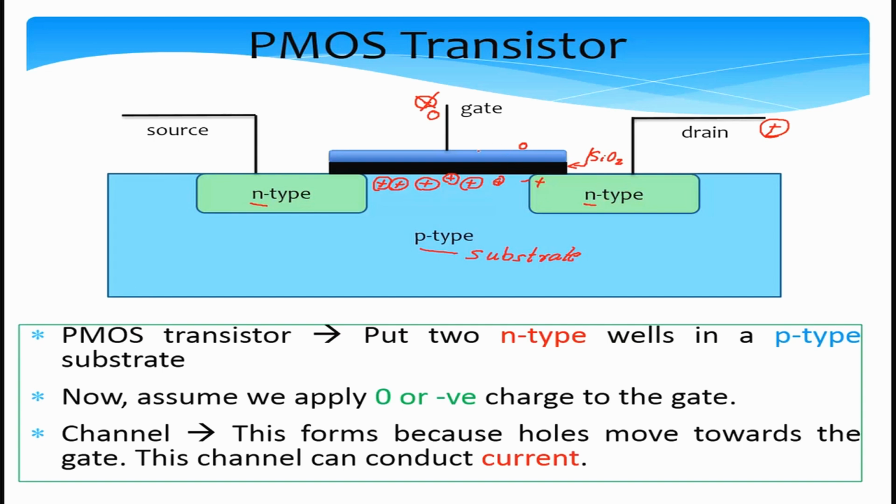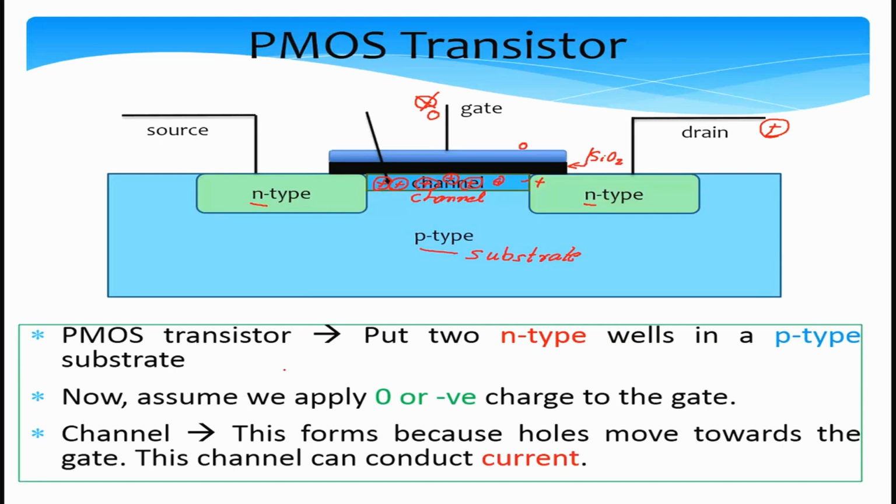Holes will get repelled from the positive regions and move towards wherever they see a lesser voltage, and the lesser voltage is at the gate, so all the holes will try to move towards the gate, and they will accumulate in this region and form a channel. Alright, so this part is the channel. After that, we can have a stable current flow across the channel. So the switching of a PMOS transistor is the exact opposite of an NMOS transistor.